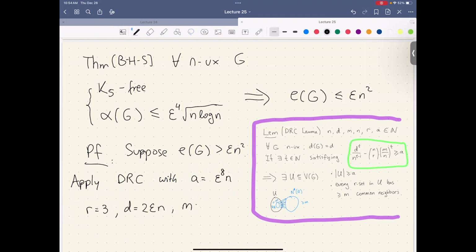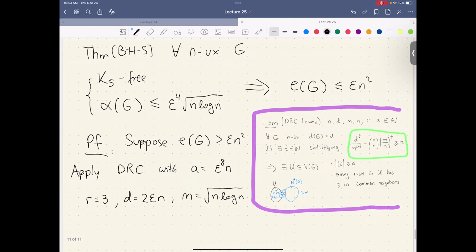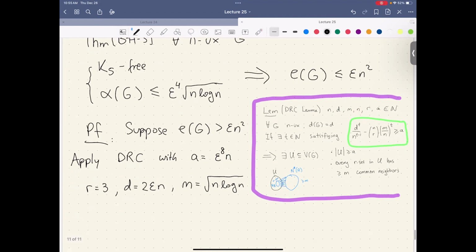We're gonna let M to be square root n log n. We're gonna let A, do I have everything? I know M, D, R. Oh, I wrote the extra n here, so delete it. Good. Now I'm gonna show that with little t equal to 7, this works.